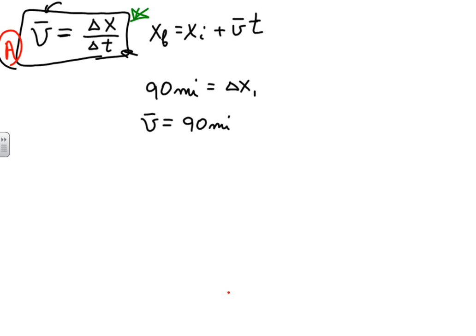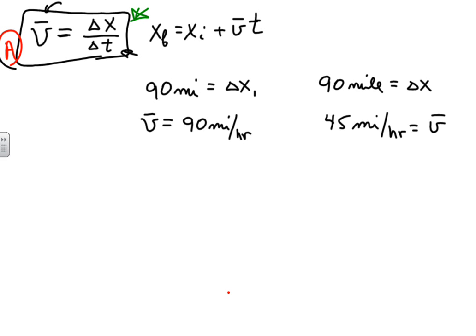I really was cruising. I went 90 miles per hour for the average speed. I got to my mom's house, right? And when I came back home, I went 90 miles again, right? To get back home, 90 miles. And this time, because I got stopped by the cop, I averaged 45 miles per hour.